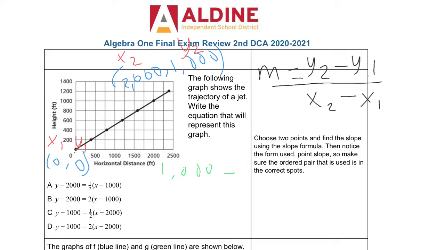Well, y1 is 0 over x2. x2 is 2,000 minus x1, which is also 0. So 1,000 minus 0 is just 1,000. Over 2,000 minus 0 is just 2,000.